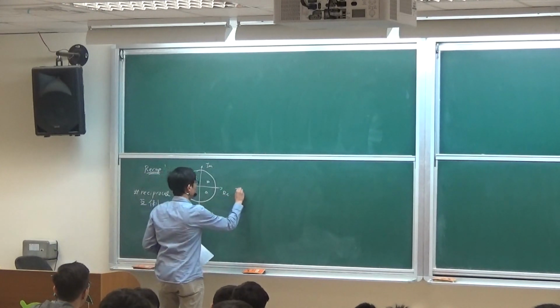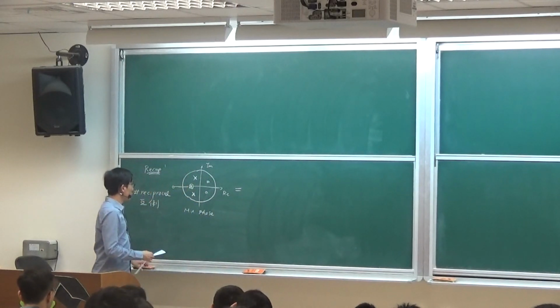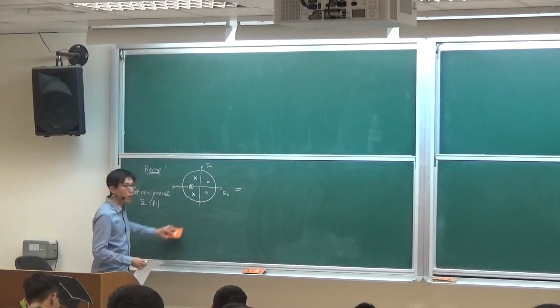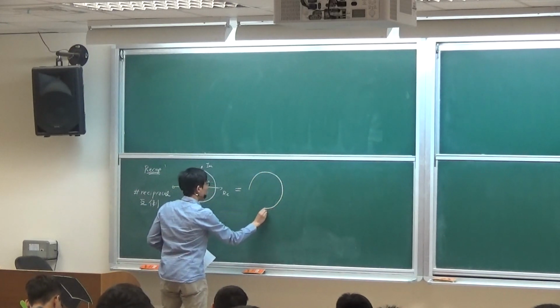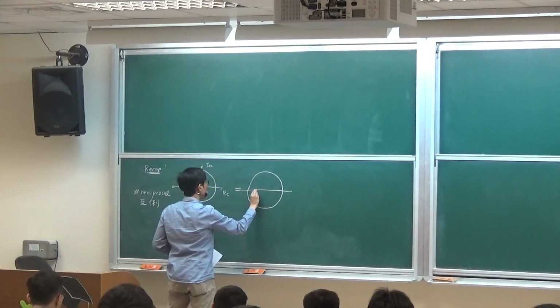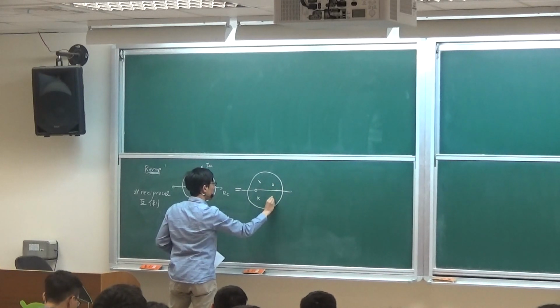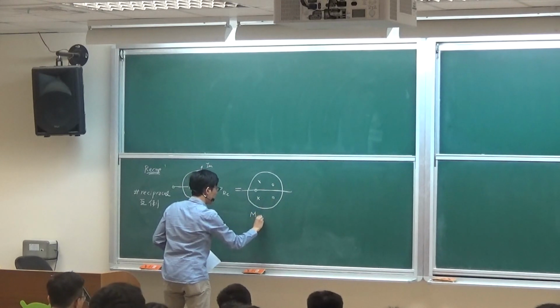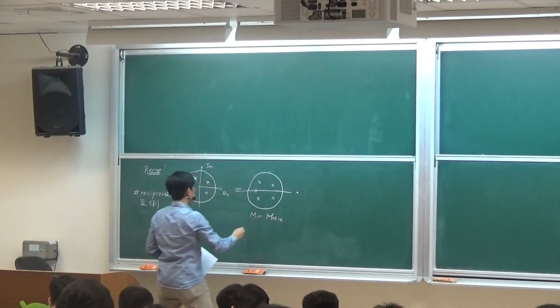So now this system is no longer minimum phase. But we can decompose it into the product of a minimum phase system, having one virtual zero inside, so in this particular example, two zeros, times the all-pass frequency response.